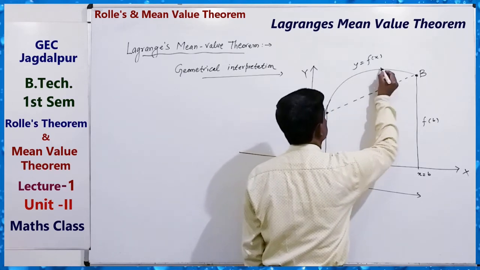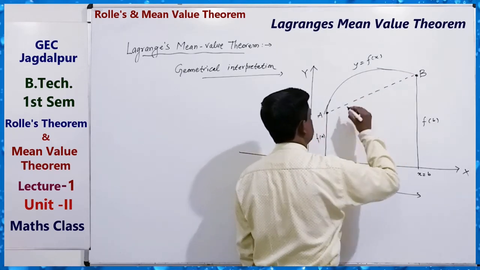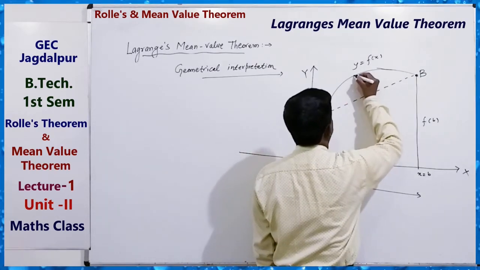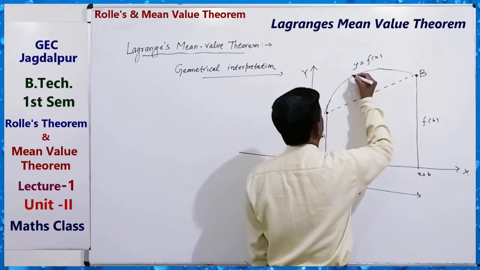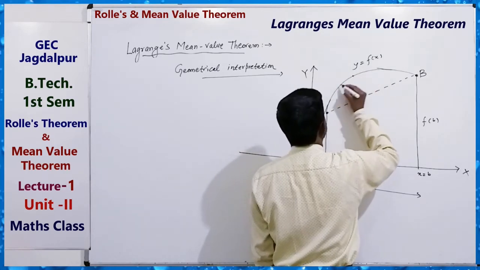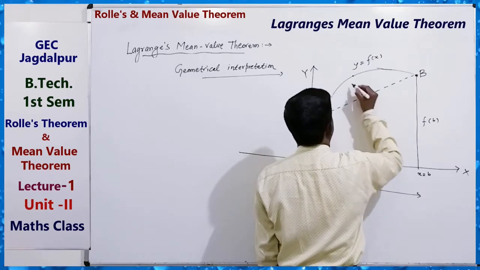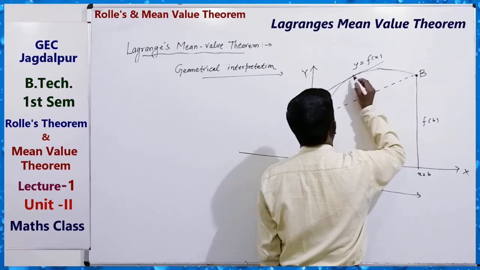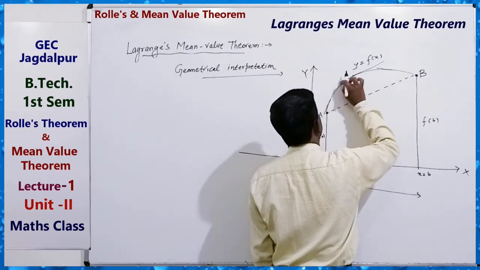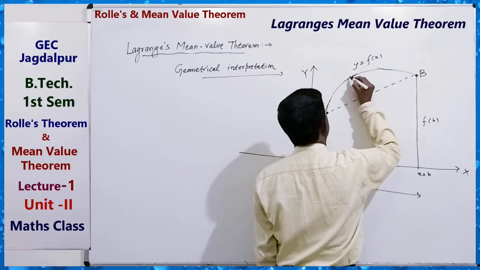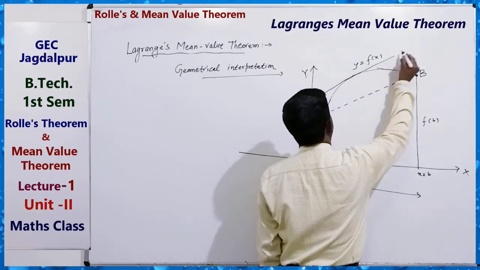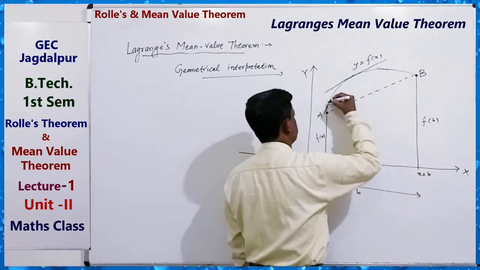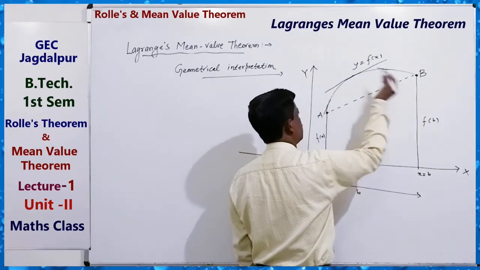Because curve is continuous, at each point tangent exists.